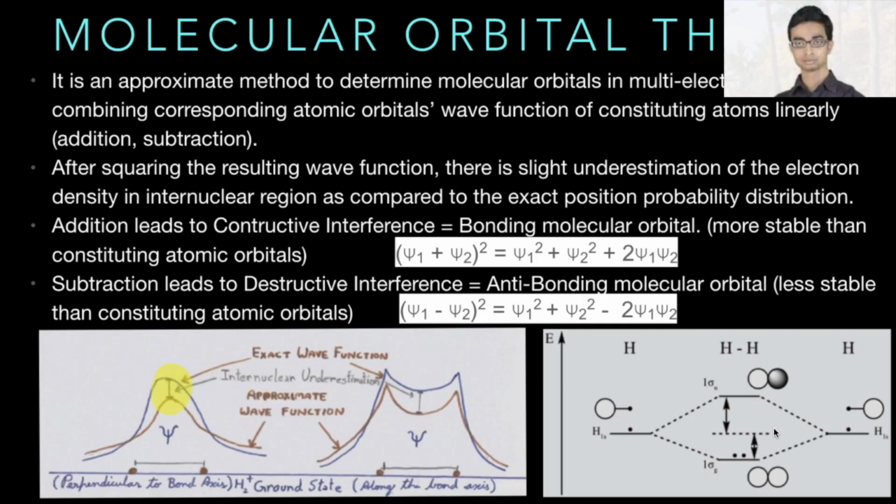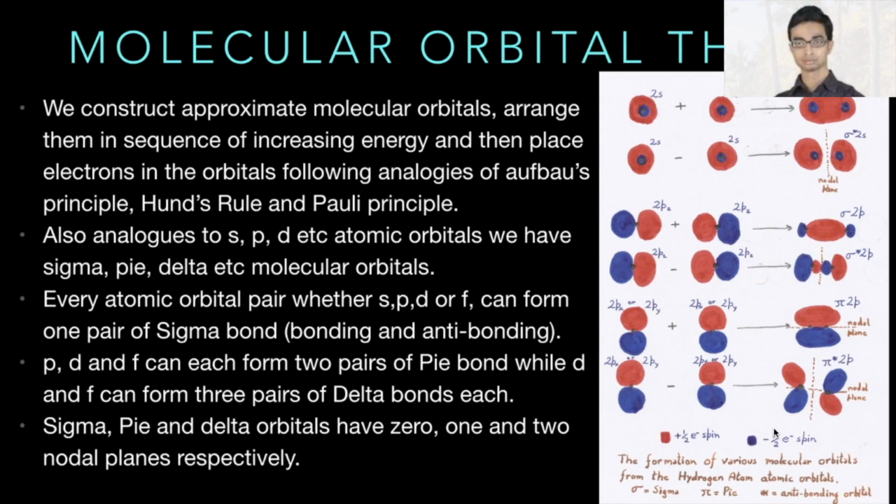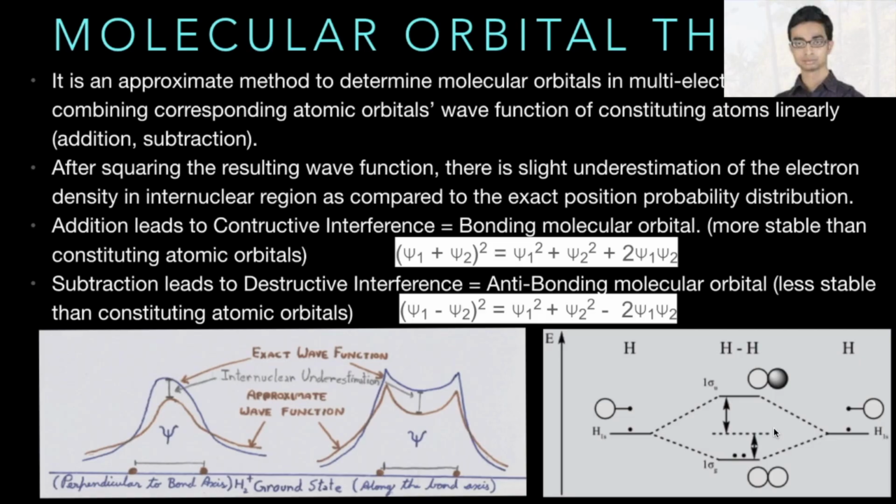Adding the atomic wave functions forms constructive interference orbitals localized largely in the internuclear region, while subtracting them forms destructive interference orbitals located away from the internuclear region. The former, having lower energy, is called bonding molecular orbital, while the latter, having higher energy, is called antibonding molecular orbital.